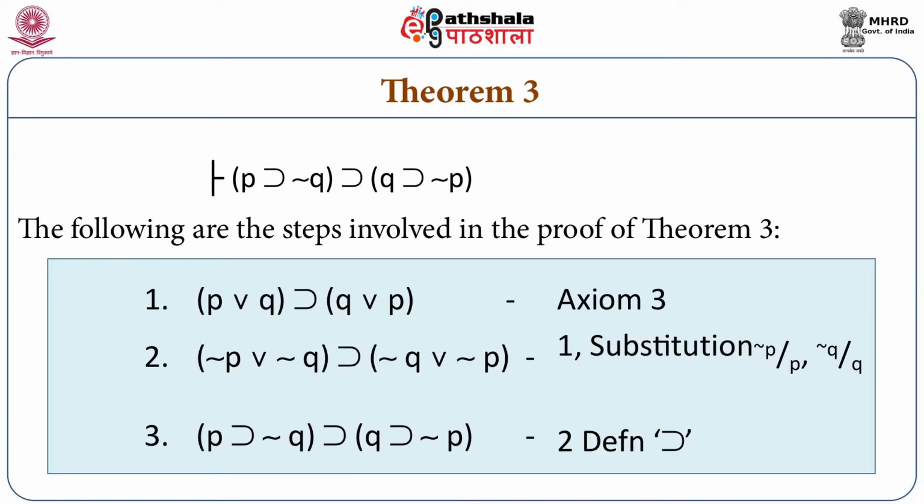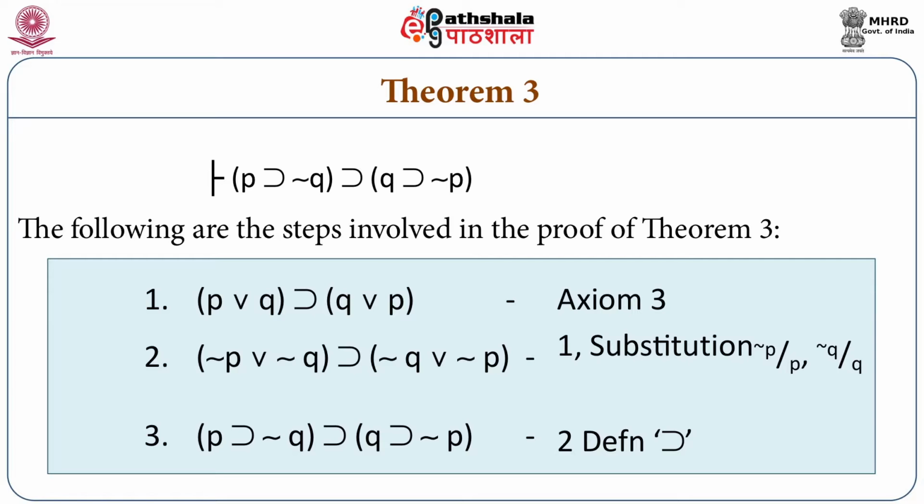In other words, can we derive this sentence by correct application of transformation rules from axiom? Given the structure of this formula, it looks like axiom number 3. So we will appeal to axiom number 3. We state axiom number 3 as our first step: P or Q together implies Q or P.